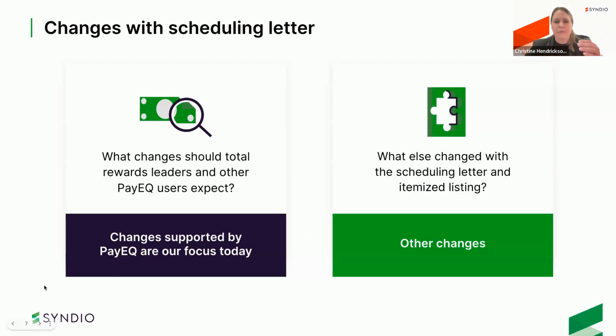Some changes impact total rewards leaders and other PayEQ leaders, and those will be the primary focus of our conversation today. But there are a lot of other changes as part of the scheduling letter, and we wanted to mention those briefly. I will say that the changes that came with this scheduling letter impact total rewards hardest.